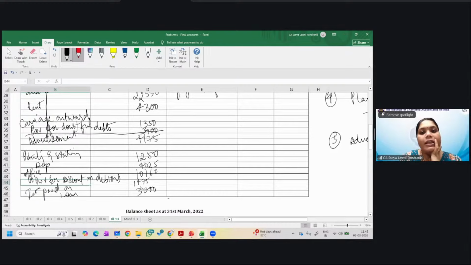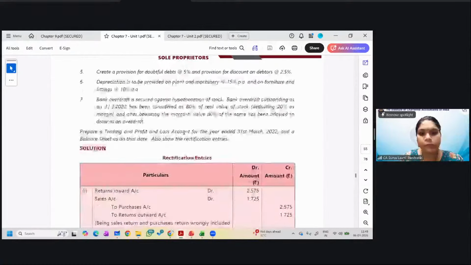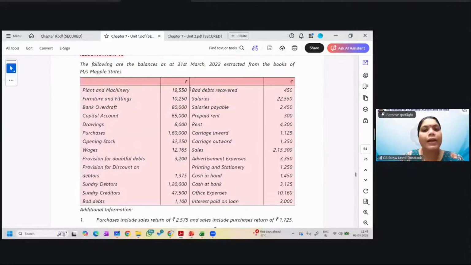Now I hope everybody is clear with how provision for doubtful debts and how provision for discount on debtors are taken up. Right? Okay, we missed bad debts recovered. You are right, Subhash. Bad debts recovered is something which you cannot take to the provision for doubtful debts account.